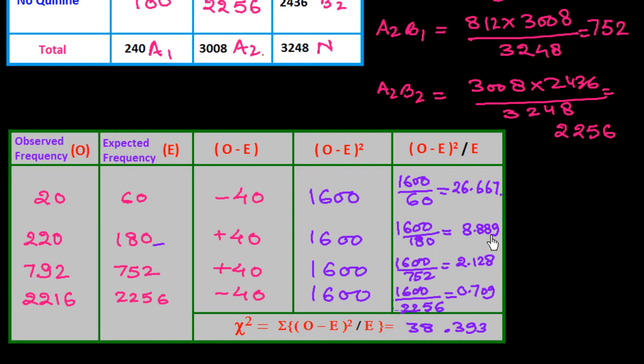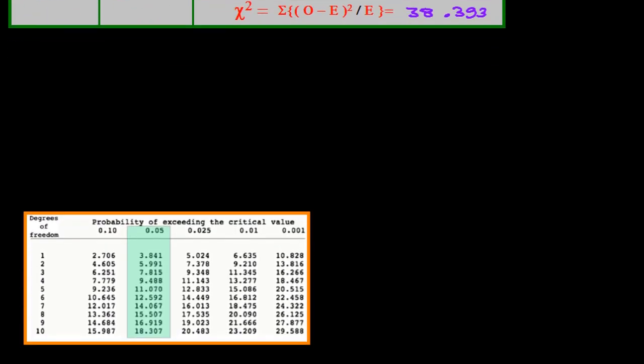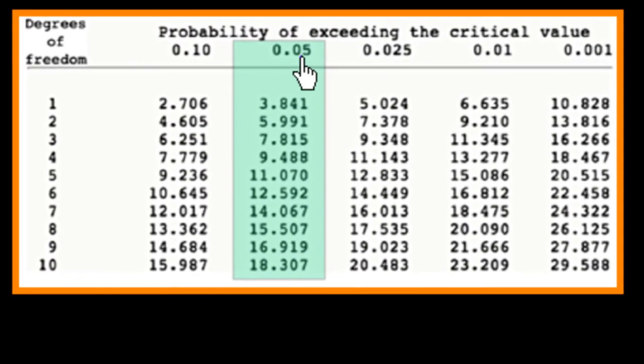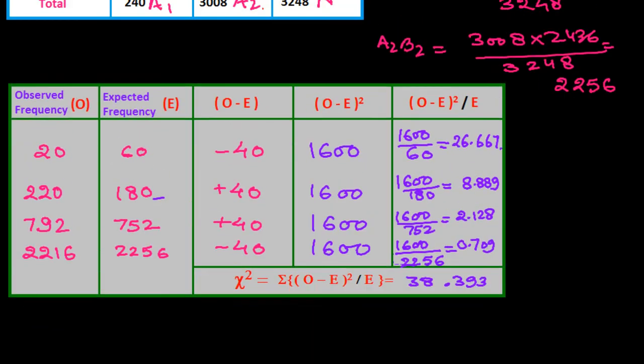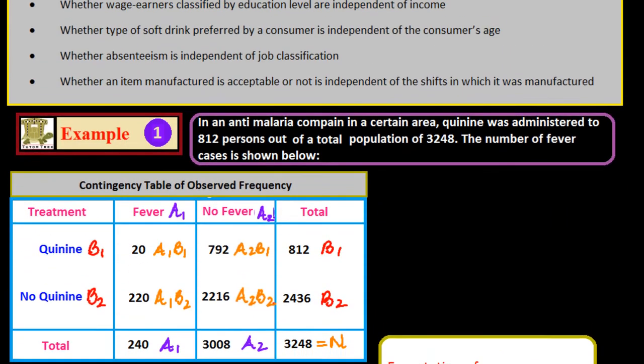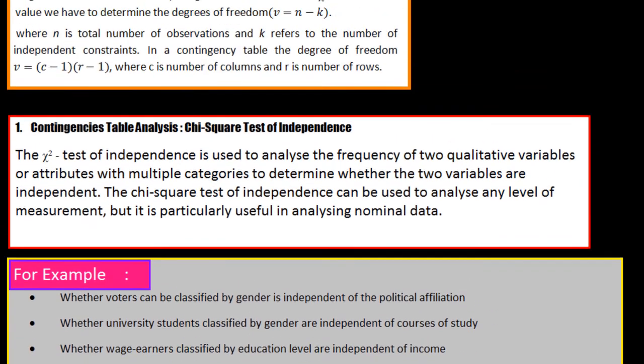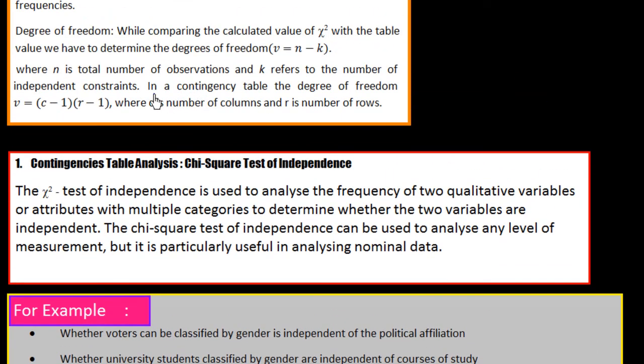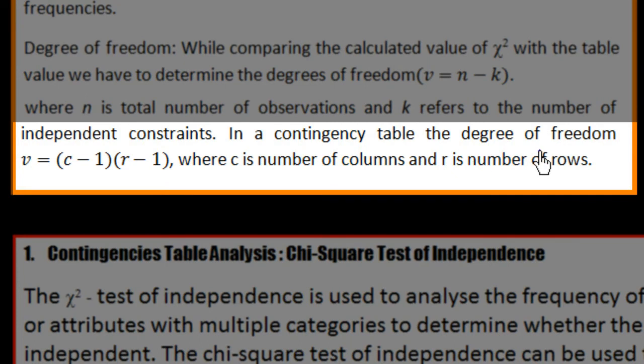Now we see the table value in the chi-square table, at 5%. First of all we have to find the degree of freedom, so I explain how we get it for this sort of contingency table. The degree of freedom V is equal to (C minus 1) into (R minus 1), where C is the number of columns and R is the number of rows.